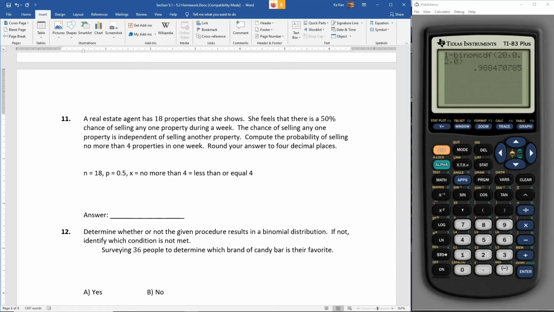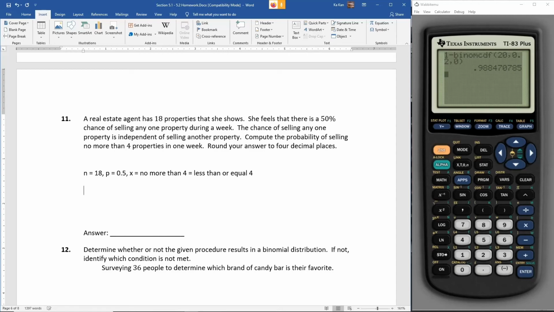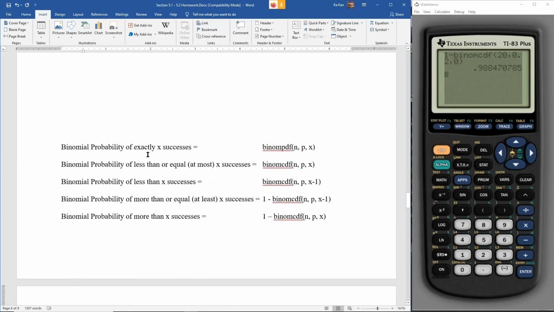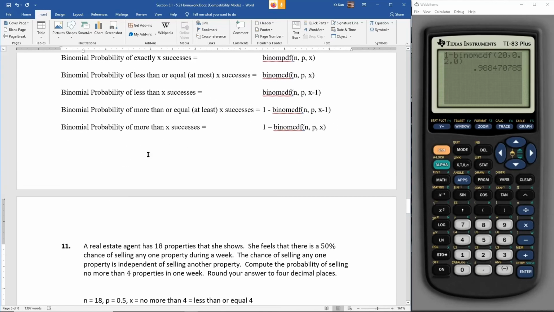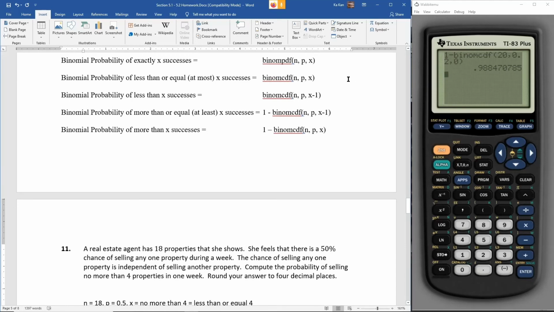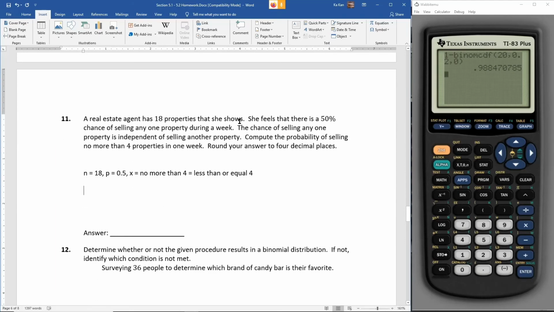We know how to do this, so I go back up here. Less than or equal to 4, that's this guy, that's at most, no more than 4. So there'll be binomial CDF and P, x. This one's actually an easy one. Binomial CDF 18, 0.5, 4. That's that.